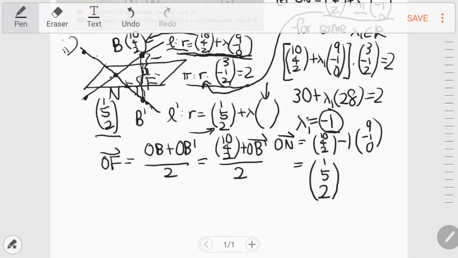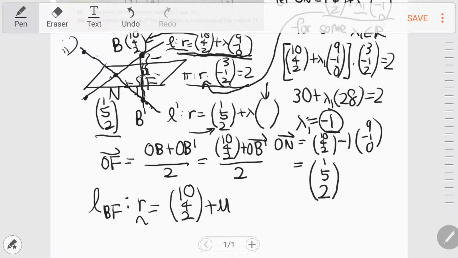So let's say OF. To find OF, I will use the line BF. And what is the line equation of BF? You look at this, that r equals, since for BF position vector, I can use the position vector OB, plus mu, because this line equation has a direction vector which is the normal to the plane, which is perpendicular to the plane, in other words.